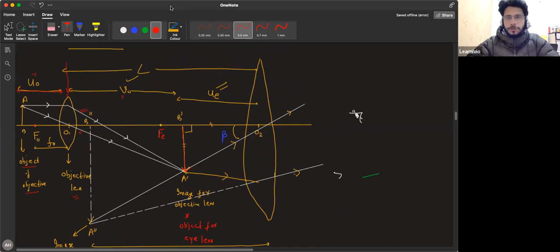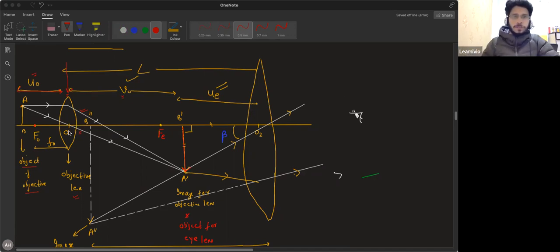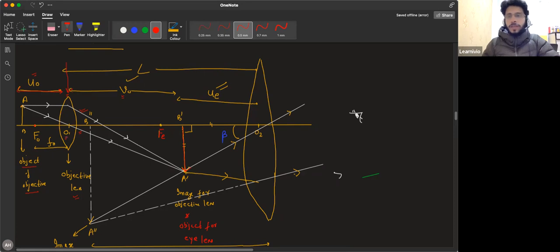Is it clear for everyone? Yes, sir. Okay, let me reconfirm once. Anshika, for the objective, what is the image for the objective? Anshika, you can use the chat room also if you are facing issues with your mic. Krishna, what is the image for the objective lens? O dash. Anshika, O dash is the optical center. I'm asking about the image of the objective lens.